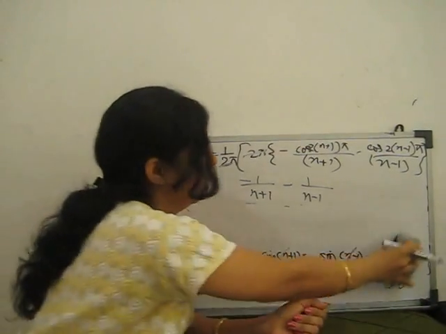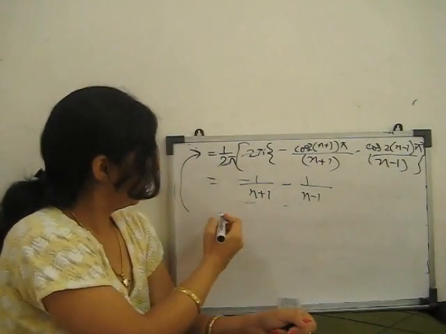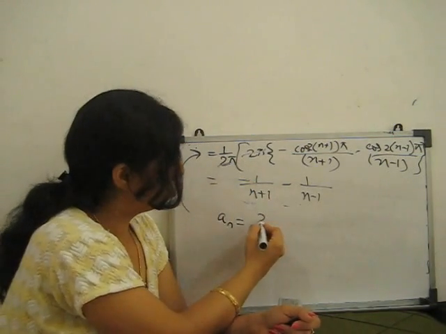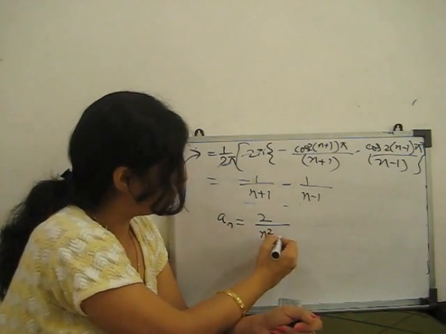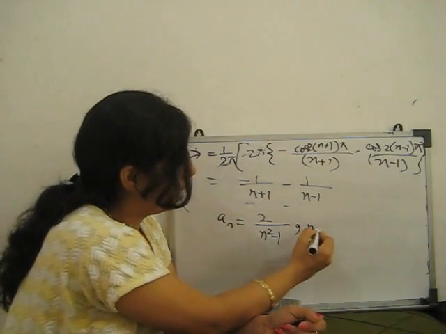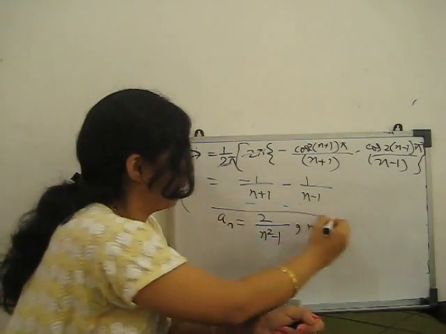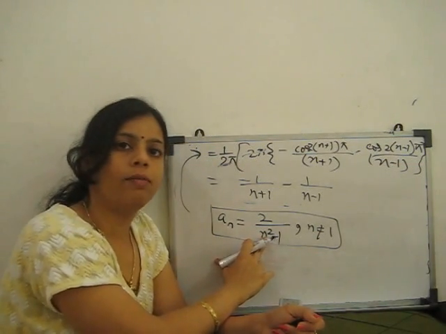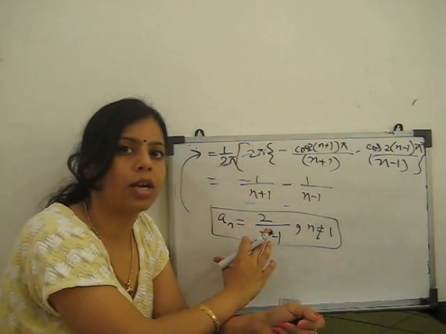Now we have to simplify it. So it gives an equal to 2 upon n square minus 1, where n is not equal to 1. Because if we put n equal to 1 here, 1 minus 1 goes to 0, an indeterminate form.